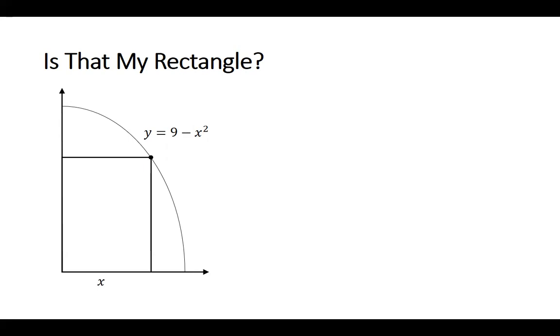So I can say that one side of this box has a length x, the other side of the box has a length y, where y is equal to 9 minus x squared. So I've now been able to put this together a little bit. We want to find the area of the rectangle. Well, we know that the area of a rectangle is length times width.